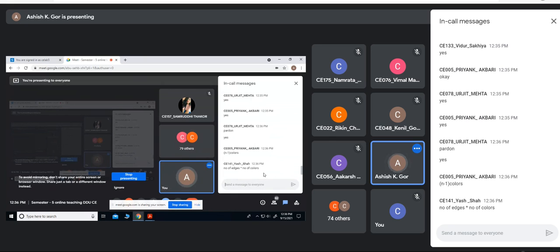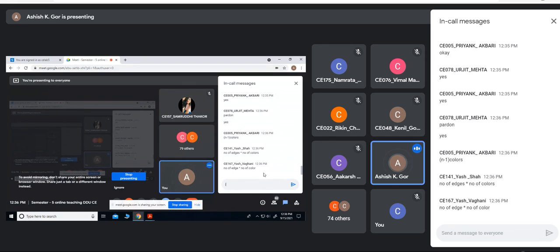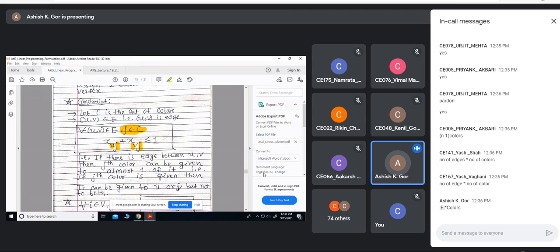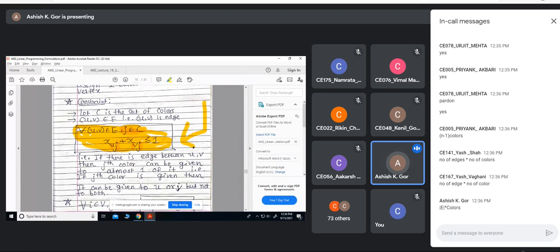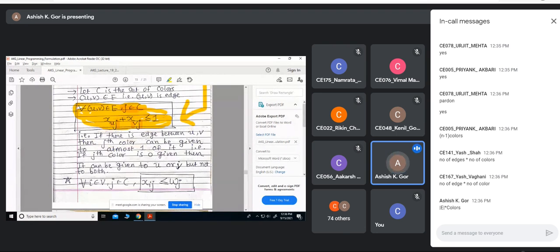Whatever the number of edges, say E is the number of edges, multiplied by the number of colors, those many constraints of this type are required. So remember, graph coloring is a very hard problem. Why? Because it has many constraints. It has many variables.